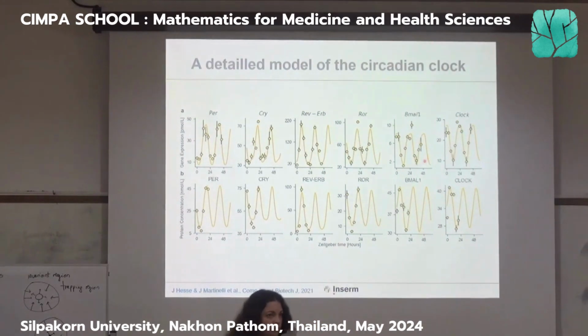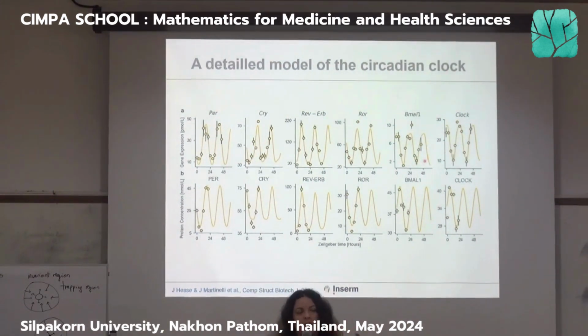In that case, you usually put a forcing function as an oscillator, which is the light. We know that light acts on some of the proteins. A few of the proteins are actually synthesized by the signal from the nerve from the eye. And you can study that.